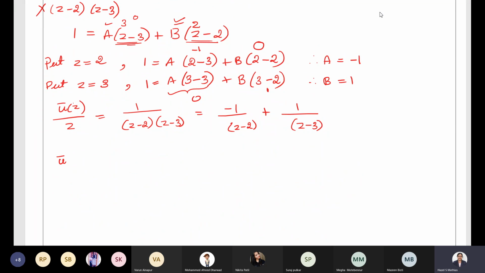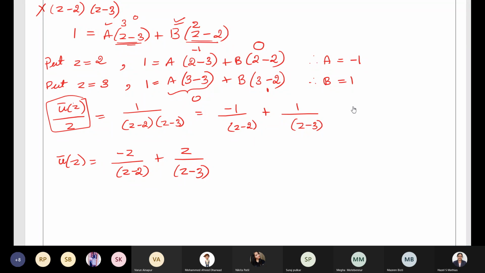So this is u bar of z divided by z. So what will be u bar of z? Multiply by z. So it will be minus z divided by z minus 2 plus z divided by z minus 3. Is it okay, everyone?